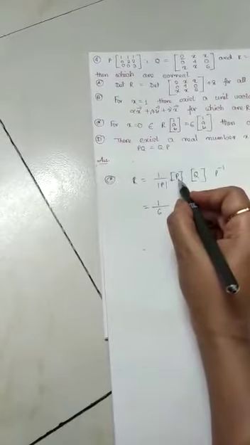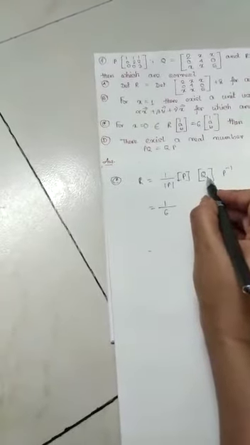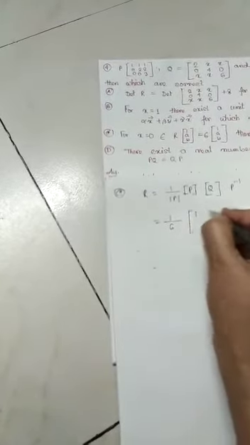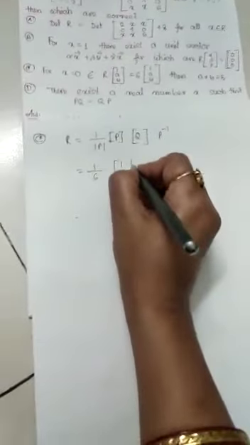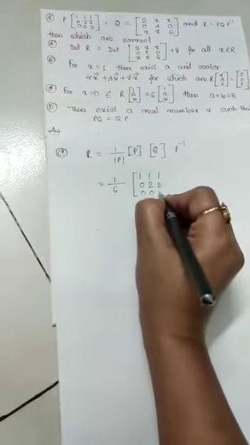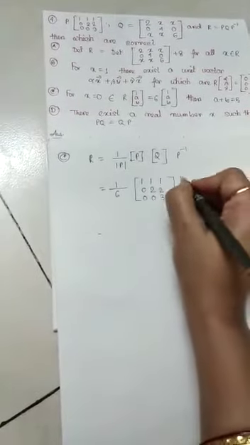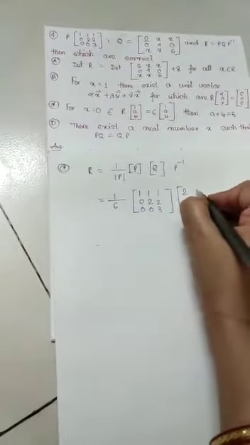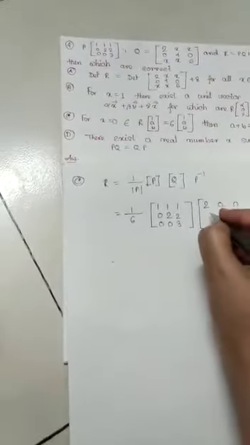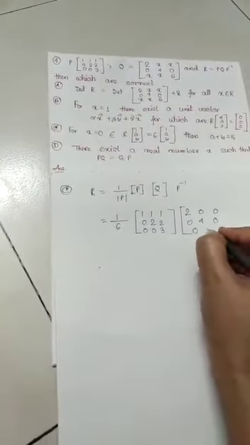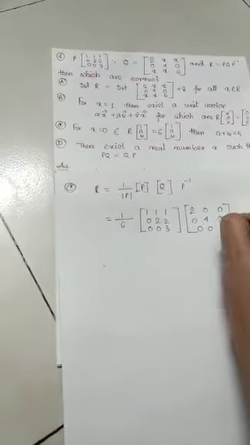Now the matrix P into matrix Q. Matrix P is 1 1 1, 0 2 2, 0 0 3, into Q matrix 2 0 0, 0 4 0, 0 0 6.